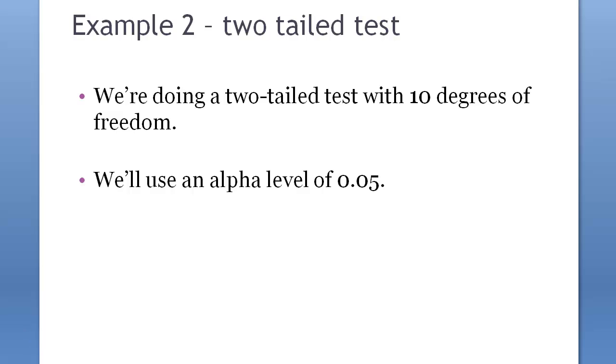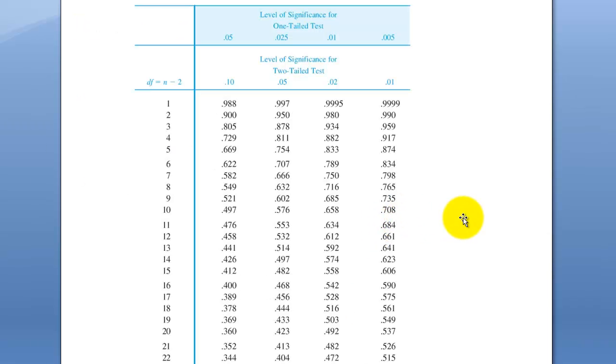And so let's go back to this. Now we are using a two-tailed test, so we have to look at this, and the degrees of freedom is 10, and we're going to use the alpha level of 0.05, so it's here, and the critical value for this hypothesis testing is 0.576.